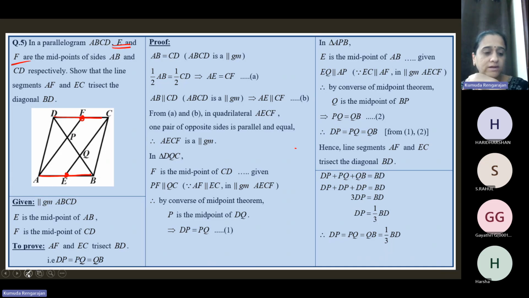Now you need to show that DP is equal to PQ is equal to QB. BD is a diagonal. The diagonal is trisected is what you have to prove. That means cut into three equal parts because of the lines AF and EC.